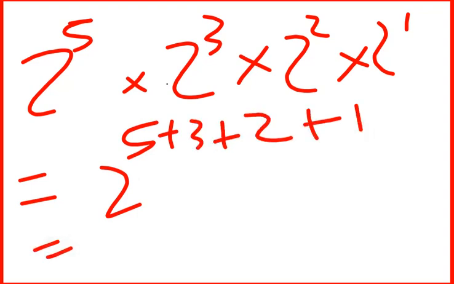Altogether, 5 plus 3 is 8, plus 2 is 10, plus 1, so 2 to the power of 11. You put all those 2's together to simplify it. That's why this exponential notation is efficient and makes life easier.